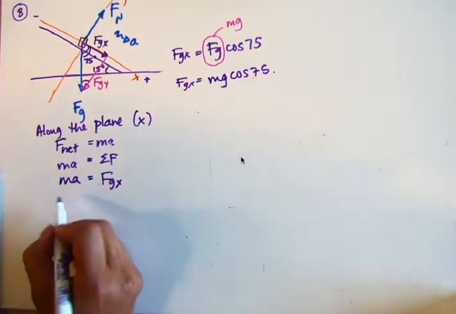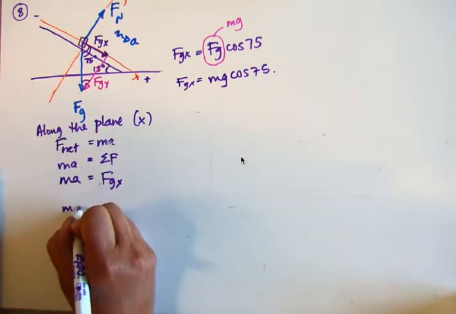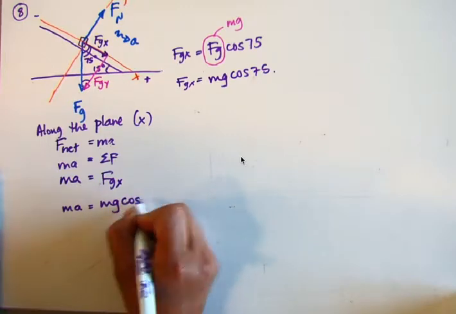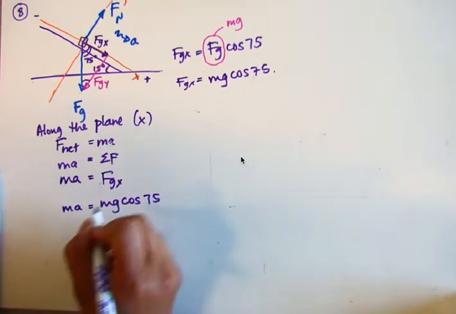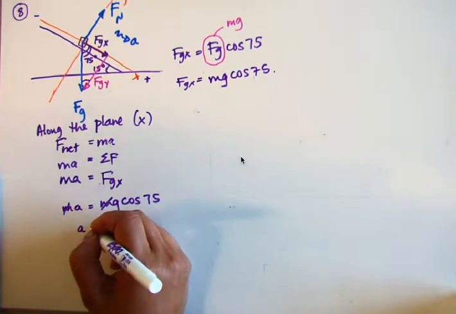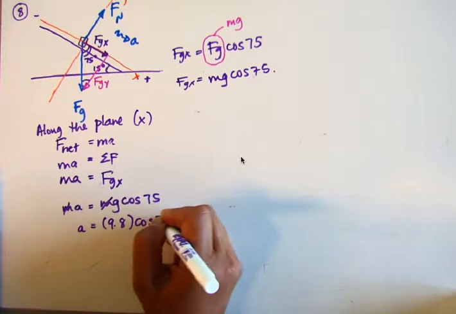Okay, so then plugging this whole thing back into here, we're going to get ma equals mg cosine of 75. You can see in this case that the m's actually cancel out, so you're left with a equals 9.8 times the cosine of 75.